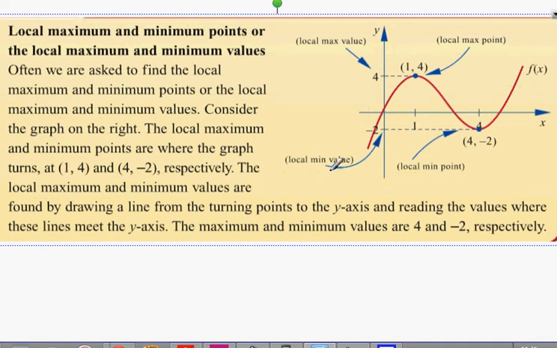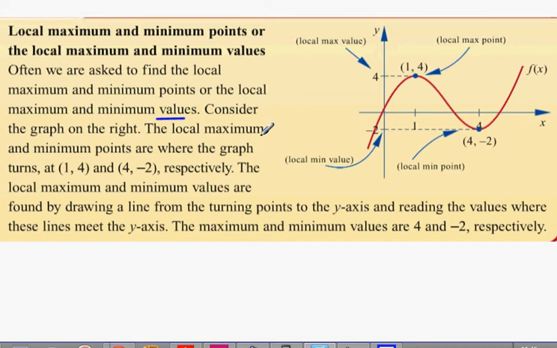Okay. Local maximum, local minimum. Now, often we're asked to find the local maximum and minimum points, or the local maximum and minimum values. Consider the graph on the right. The local maximum and minimum points are where the graph turns. For example, 1, 4 is a local max. 4, minus 2 is the local min. That's the maximum turning point.